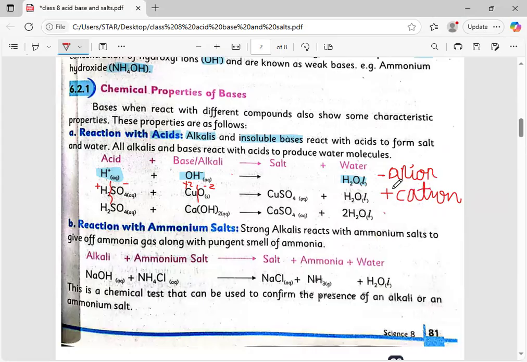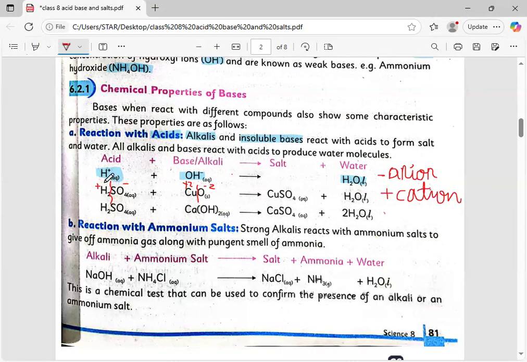So, in short, whenever you see a negative charge on any element or compound, it is called an anion, and whenever you see a positive charge on any substance, atom or element, it is a cation. So the positively charged component of an acid is called a cation.